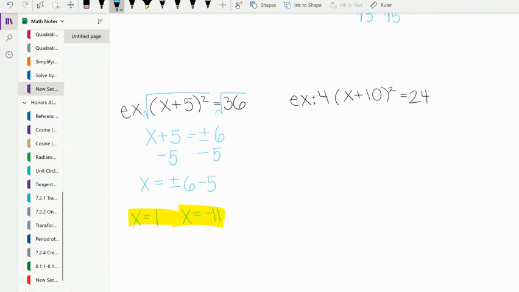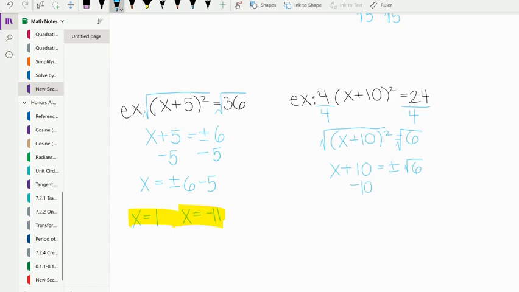All right, this one just has a first initial step of we need to divide by 4. So we get x plus 10 squared equals 6. And then now this kind of looks like the previous one. So we are going to go ahead and square root it. And we get x plus 10 equals that automatic plus or minus the square root of 6.